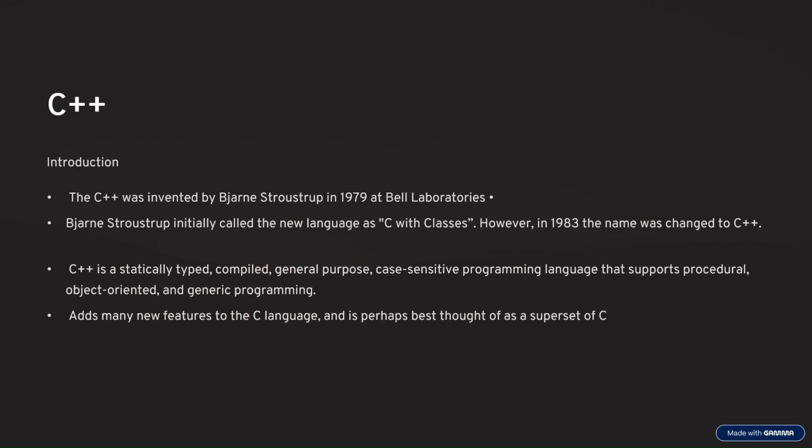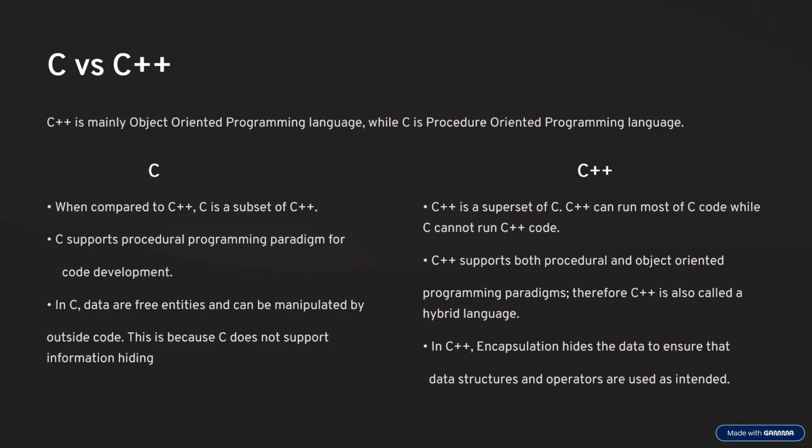However, it was changed to C++, which added many more features to the C language and is thought of as a superset of C. So we can say C++ is the superset of C. Now let us see the difference between C and C++.